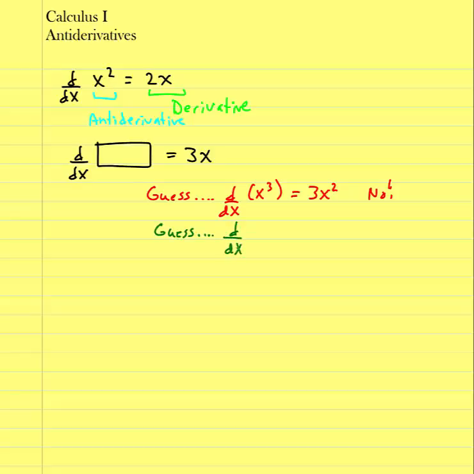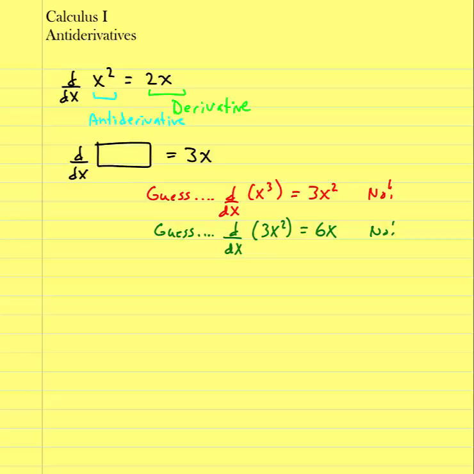So the derivative with respect to x of, I know I need a 1 here. And so when I decrease my exponent by 1, I must have had a 2 here to begin with. So maybe let's try 3x squared. So the derivative of 3x squared would be 6x, and that's not right either, but it's closer and my power is correct. Now if this 6x was just divided by 2, I would have it.